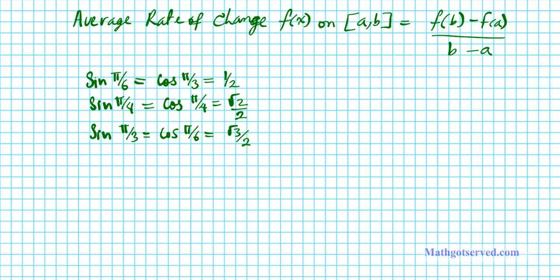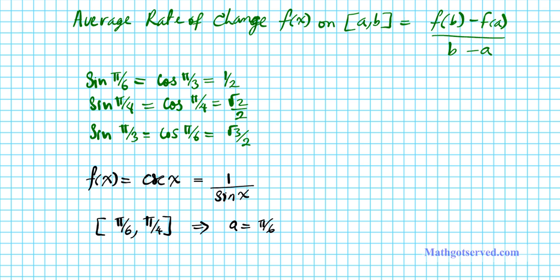So let's go ahead and solve this problem. We just need the function, a and b. The function f of x is cosecant x, and using our reciprocal identities, we know that this is equal to 1 over sine x. Since our interval is from pi over 6 to pi over 4, it follows that a is equal to pi over 6 and b is equal to pi over 4.